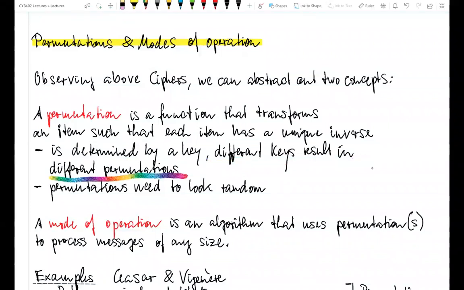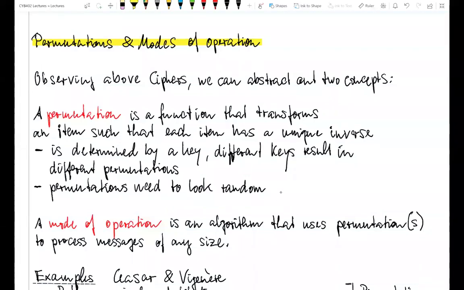And it's important that different keys result in different permutations. Of course, we understand that, but we need to lay down these principles. And permutations need to at least look random, but ideally they should be random, okay? They need to look random enough that an attacker cannot see any scheme, any repetitions, any structure in the ciphertext.